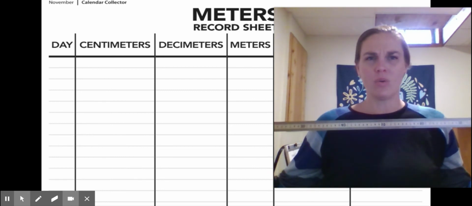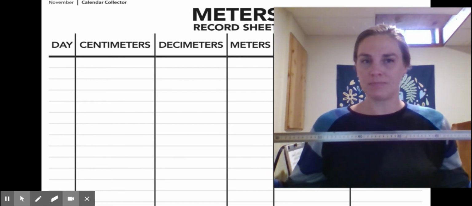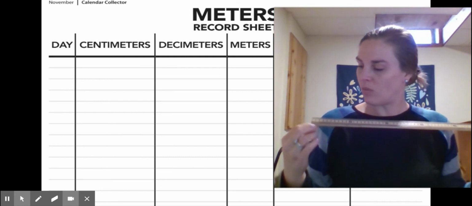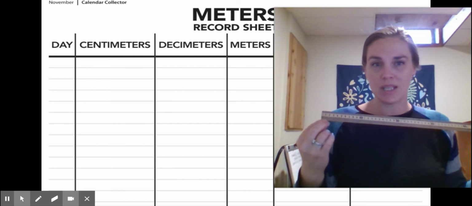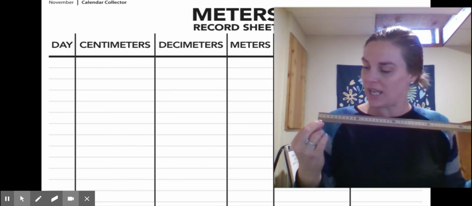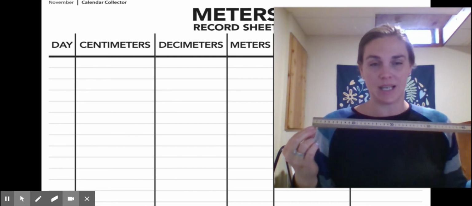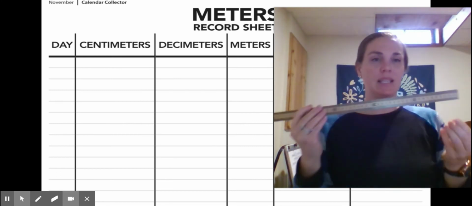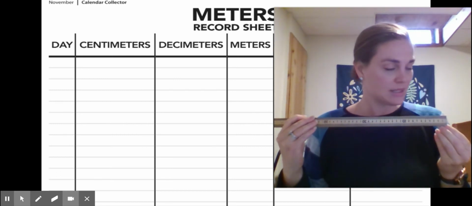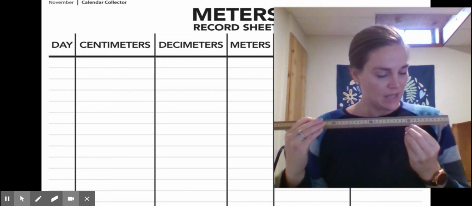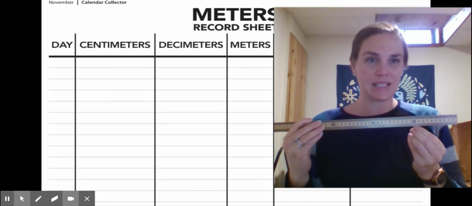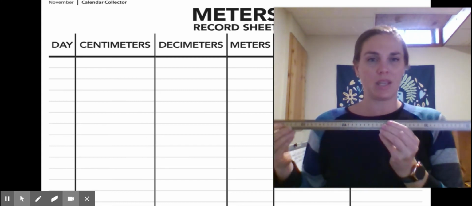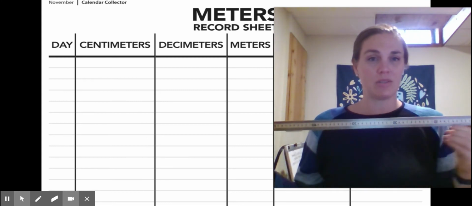So thinking back to what you already know about these measurements, are there going to be more centimeters in this meter or less? I notice on my meter stick that I have 1, and in between each of these 1s is 10 more little lines. Oh, so it makes me wonder, what exactly is this showing us? 1, 2, 3, and then there's that 10, and that 10 is nice and bold, and you can see each of those 10, 20, 30 nice and bold as you work up.